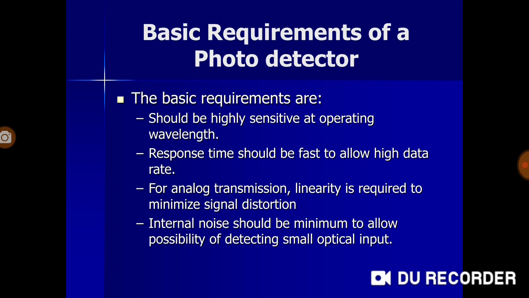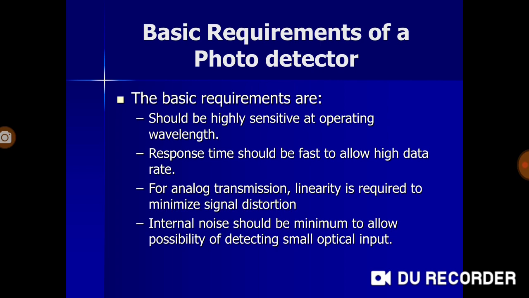Next, the second requirement is that response time should be fast to allow high data rates. Response time means the time lapse between the input being applied and the output appearing.